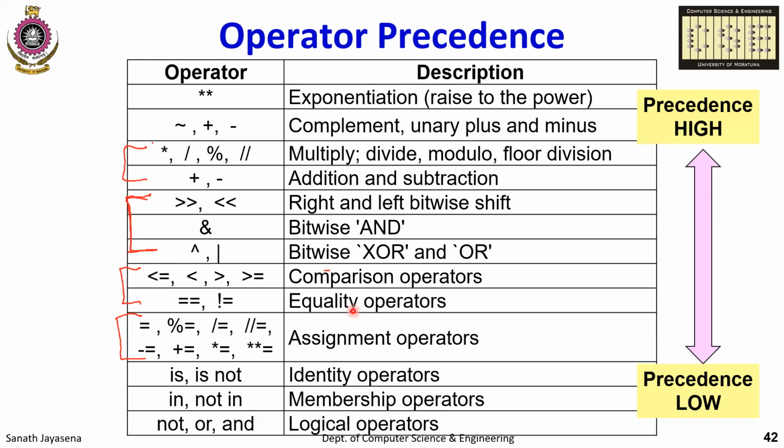So for the last ones, you can see not, or, and have low precedence, right? Very low.